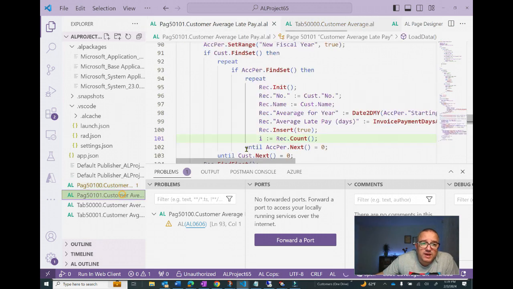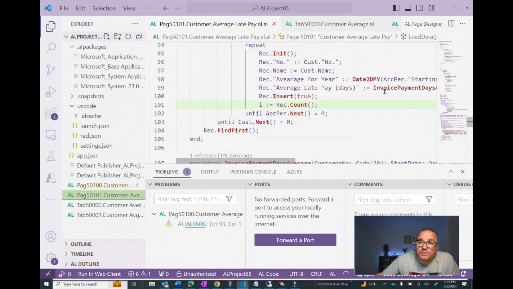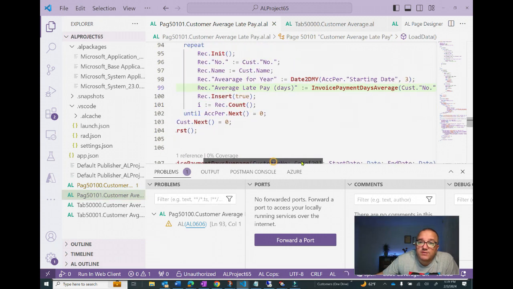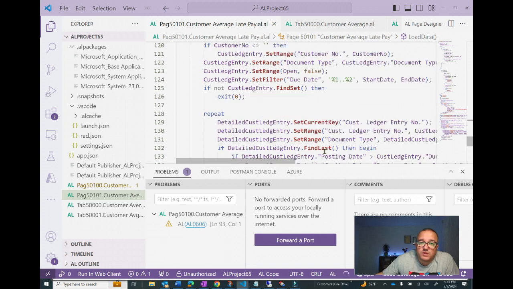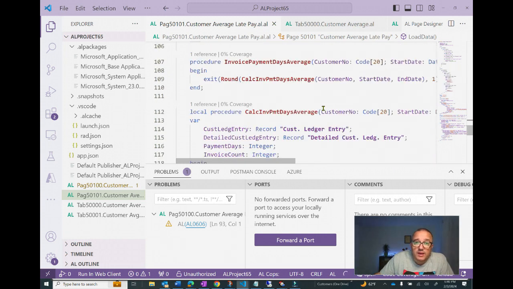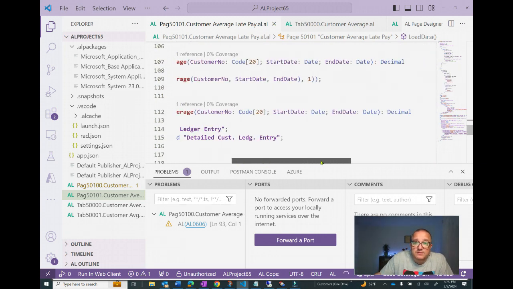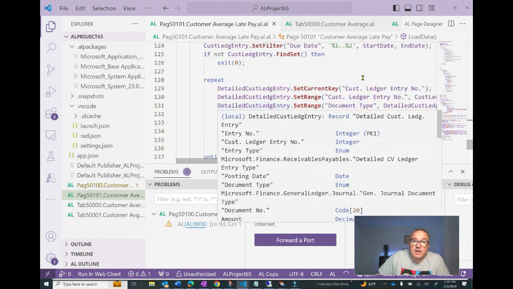The other one is to get the invoice payment days in average. It's very similar. The code is very similar to what is in the base application. I only added again the starting date and the ending date custom, because I want to go through all the years as separate processes.